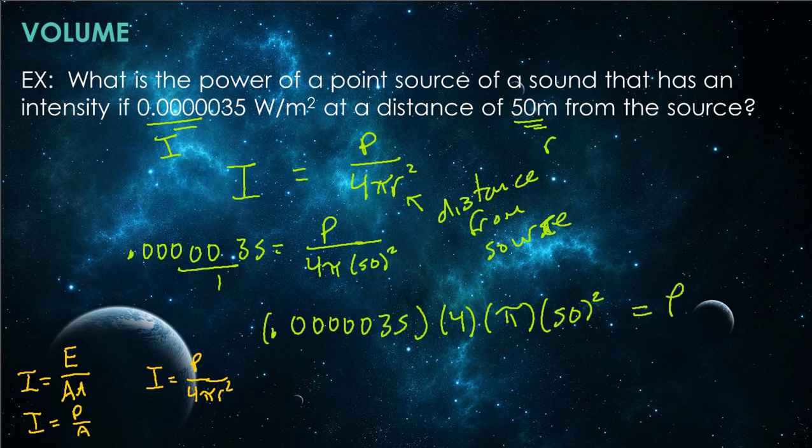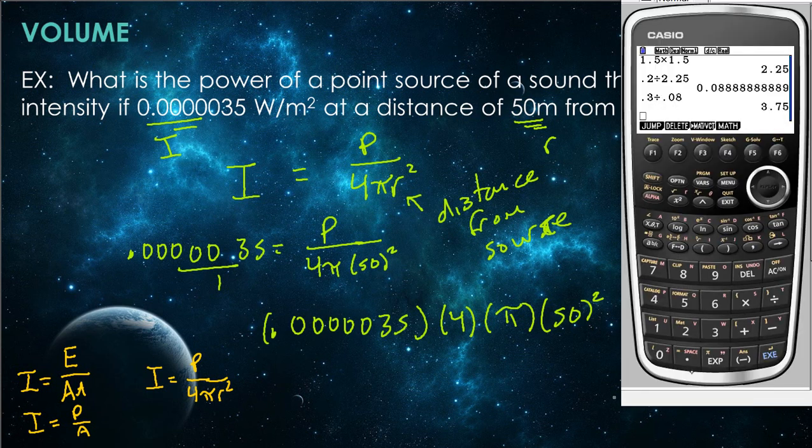That's going to equal our power. So I'm going to type that all into the calculator. So 0.0000, one more it looks like, 35 times 4 times pi times 50 squared. Okay, so our power is 0.11.